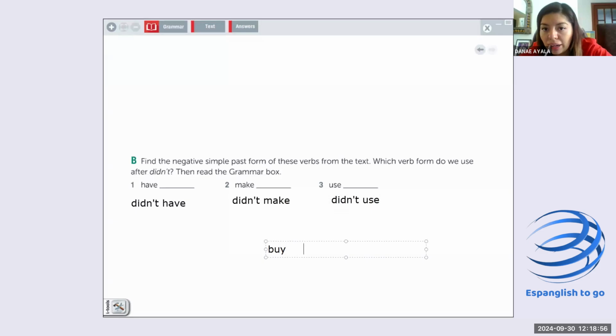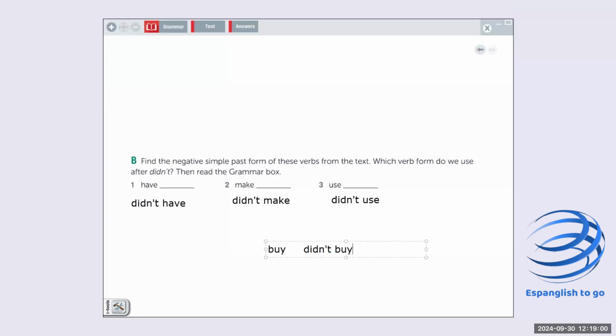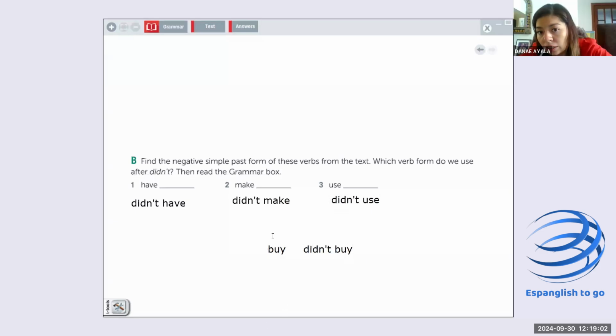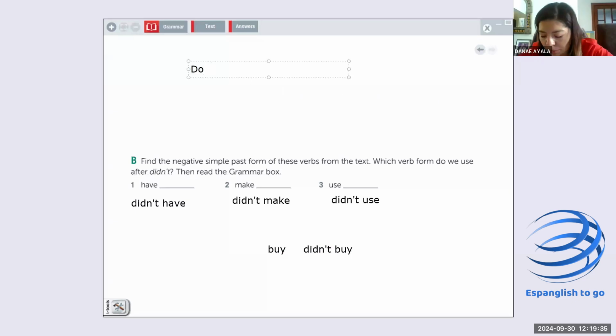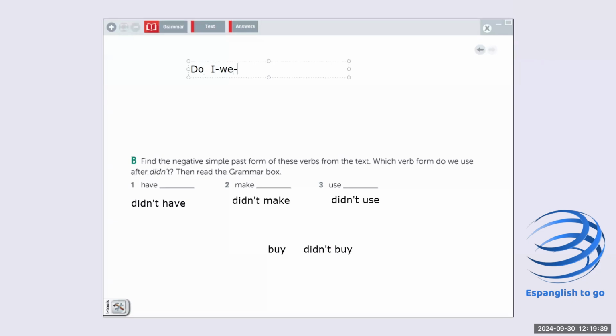What is the negative for buy? Didn't buy. Yes. So all past is with didn't. What is the auxiliary in past? Do or did. Remember, do is in present, for I, we, you, and they.